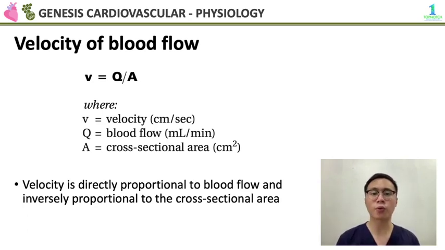Or maybe the better question is, which one would have a small cross-sectional area, which one would have a large cross-sectional area? So between the aorta and the capillaries, it's your capillaries that would have a large cross-sectional area. Therefore, it also follows that blood velocity is slower in your capillaries as compared to your aorta, which has a small cross-sectional area.